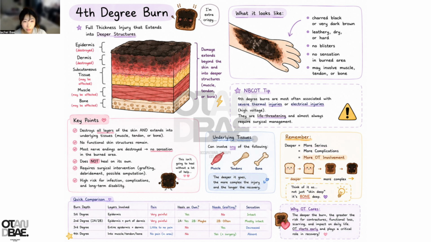The tissue is often completely charred like this, there is little to no sensation, and these injuries almost always require surgical management. The NBCOT usually isn't asking you to memorize every detail about fourth degree burns, but instead they're testing whether you understand that the deeper the injury, the more complicated the rehab becomes.